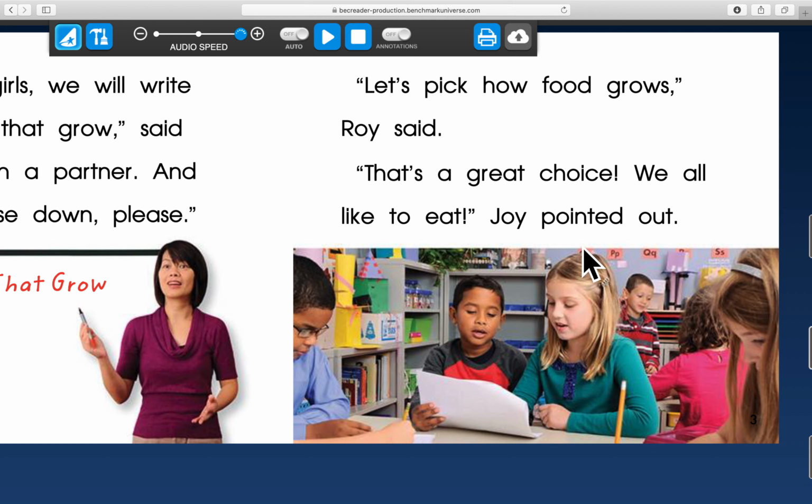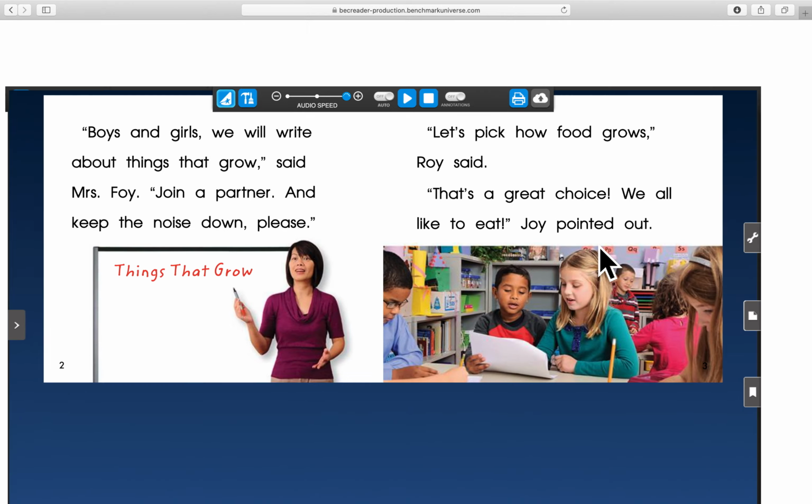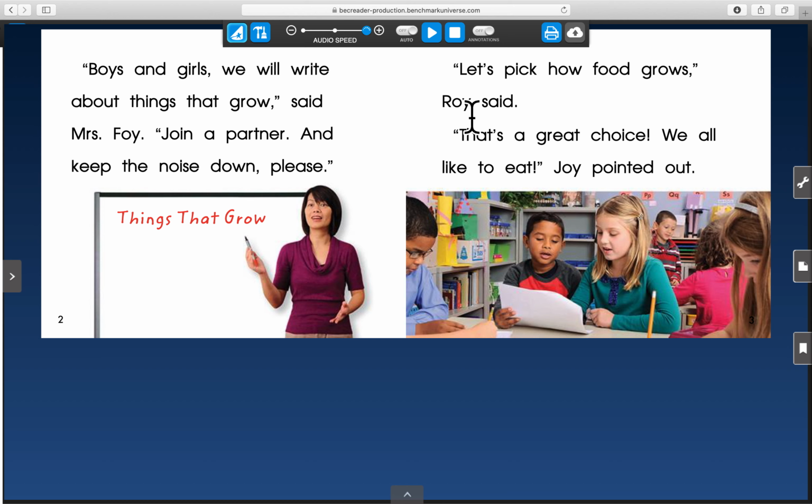To point out means you understand something, or you show someone that you understand something. Okay. Let's read that again. So now that we clarify what Joy pointed out means. Okay, ready, and let's pick how food grows, Roy said. That's a great choice. We all like to eat, Joy pointed out.